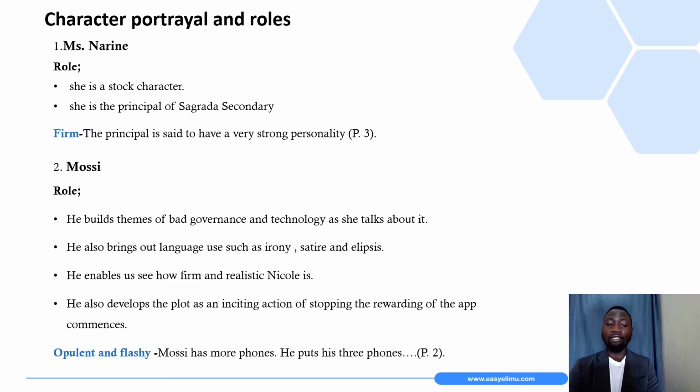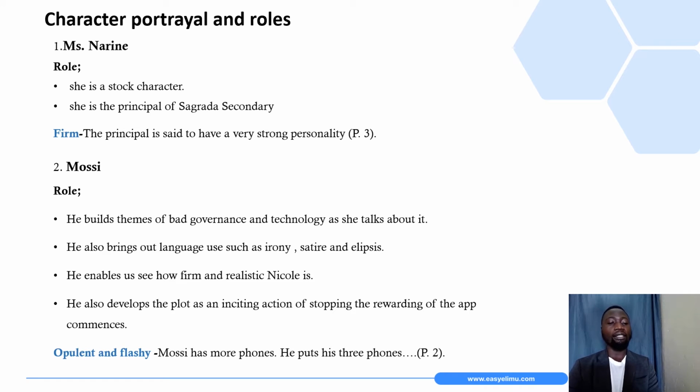But this is not the case for Nicole. She is firm throughout, even when she receives threats from the mayor, and even Bembe, who is the inspector general, plus all other leaders within the municipality. So again, he also develops the plot as an inciting action of stopping the rewarding of the app.